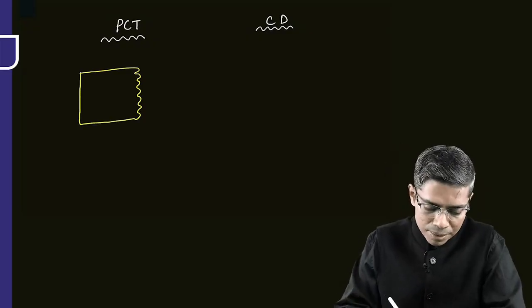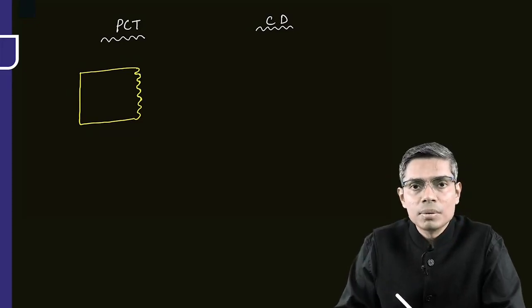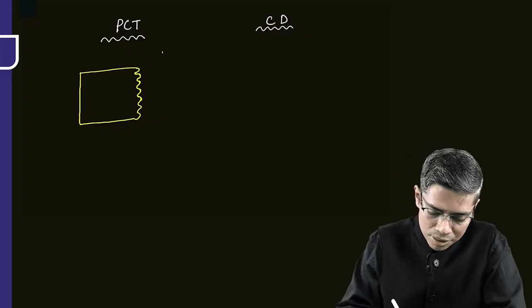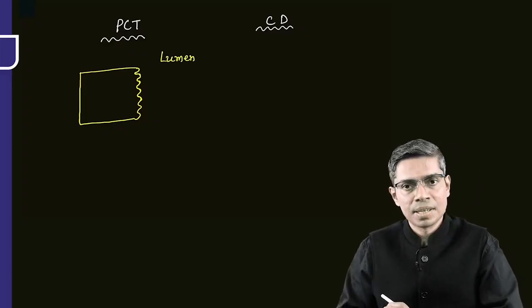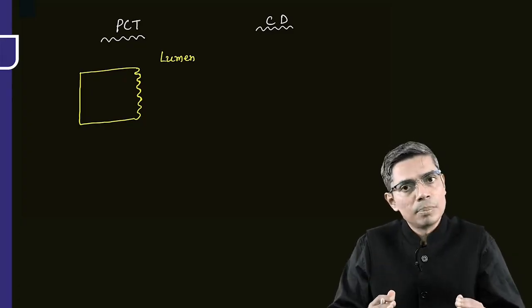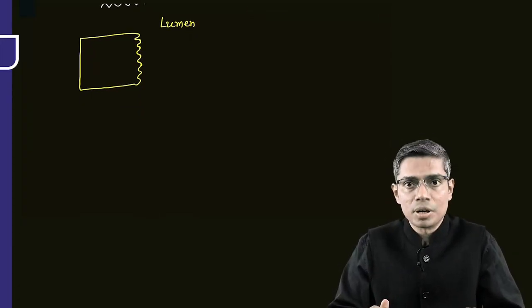As you can find out here, there are multiple microvilli present at the luminal border of the proximal convoluted tubule. So this is the luminal side. This is towards the lumen, right? There are multiple microvilli. This is known as brush border.